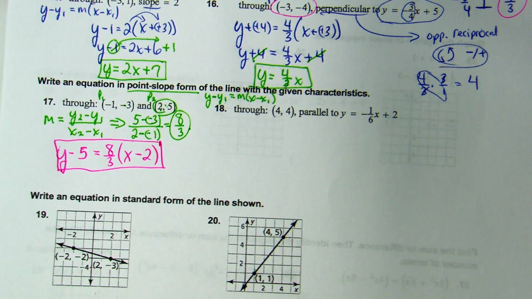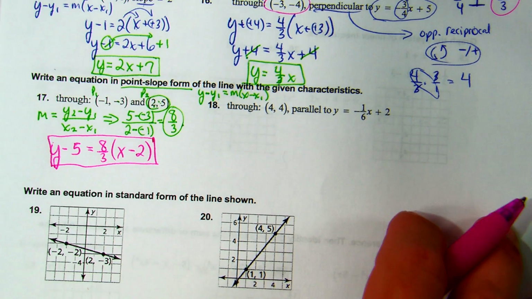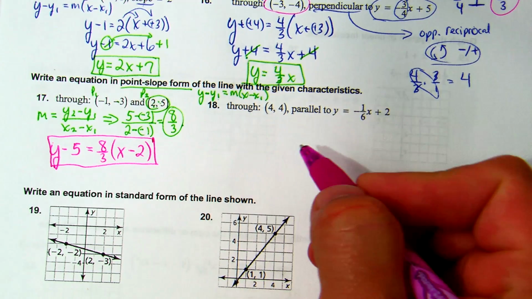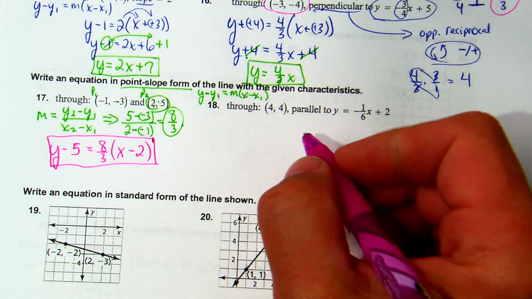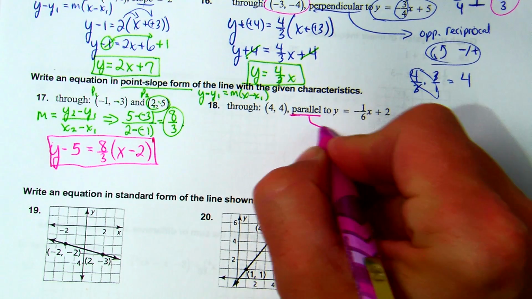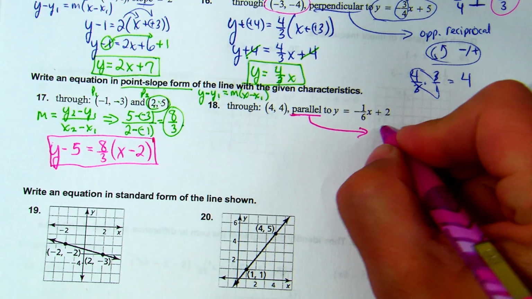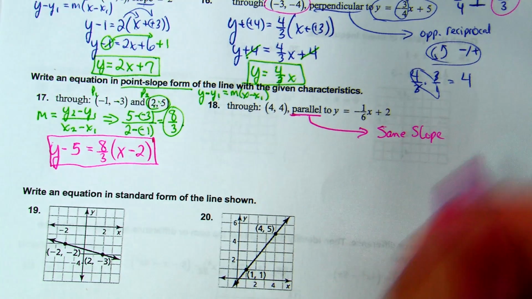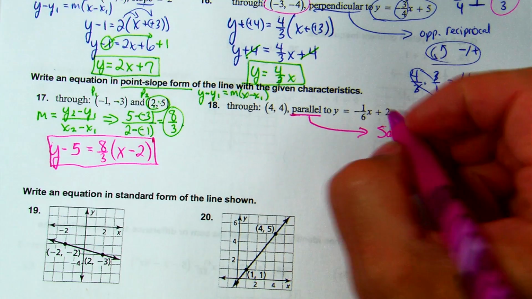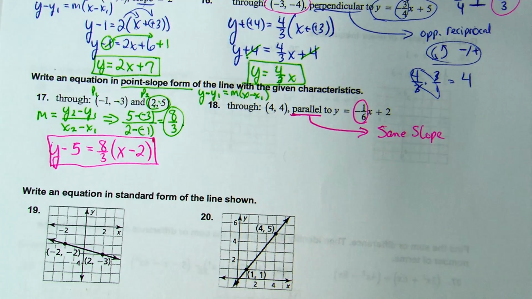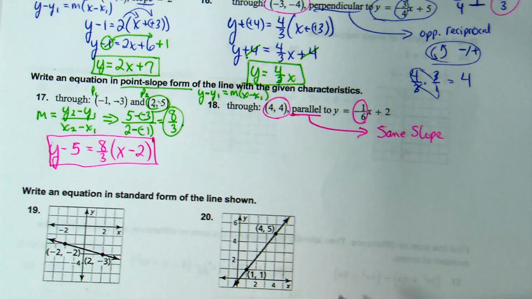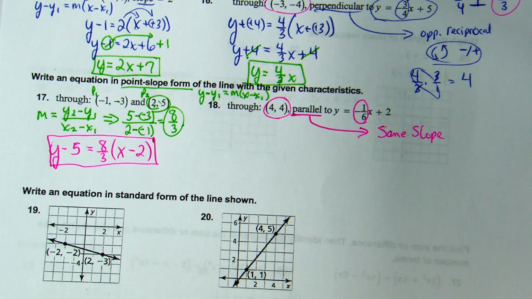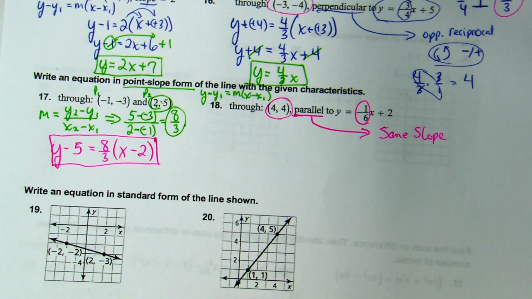All right. The next one, number 18, it's going to go through (4, 4), and it's parallel. Okay, parallel. What does that mean? Same slope. I like hearing that. Same slope, because that just means I'm going to take that slope and that point, and I'm ready to plug in the values at this point.